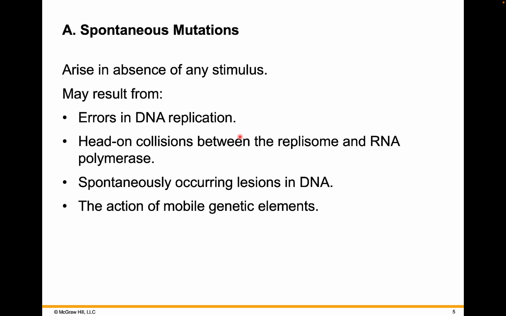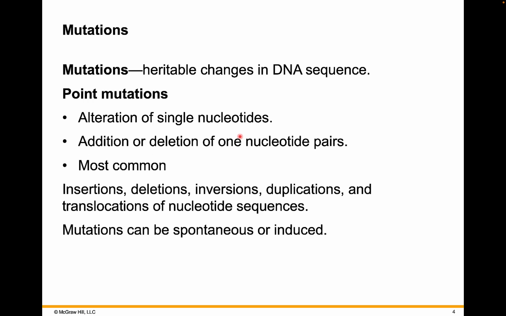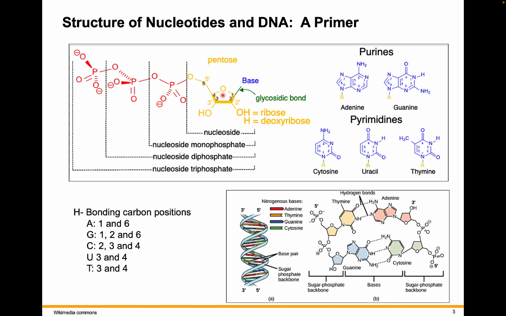One of the most common ways the lesions can form in the DNA is that in aerobic conditions, free radicals are constantly formed in the cell, the O2 minus with an unpaired electron, which is called reactive oxygen species, or ROS, or sometimes superoxides. These superoxides or reactive oxygen species, also called free radicals, can cause lesions in the DNA, which can sometimes leave the sugar and phosphate backbone but cut out the bases.